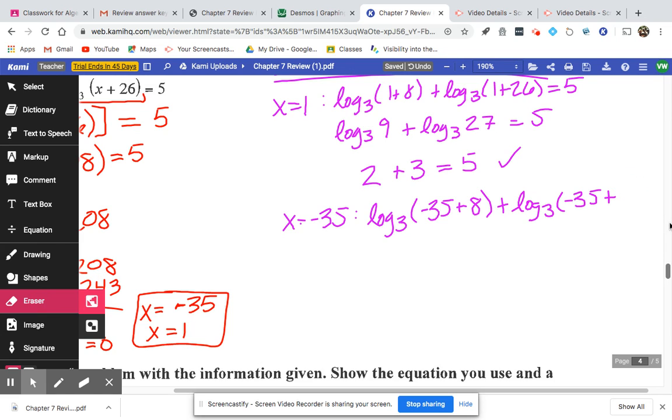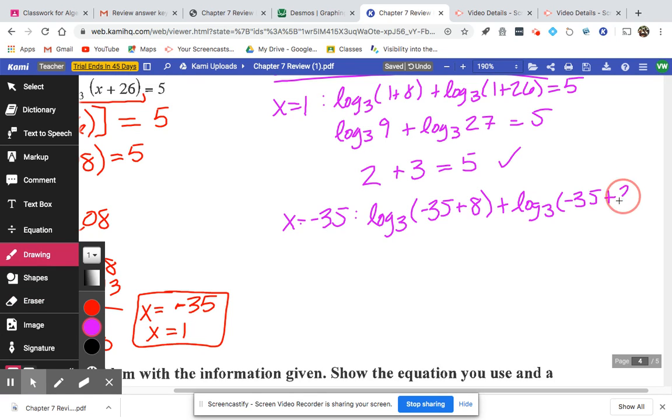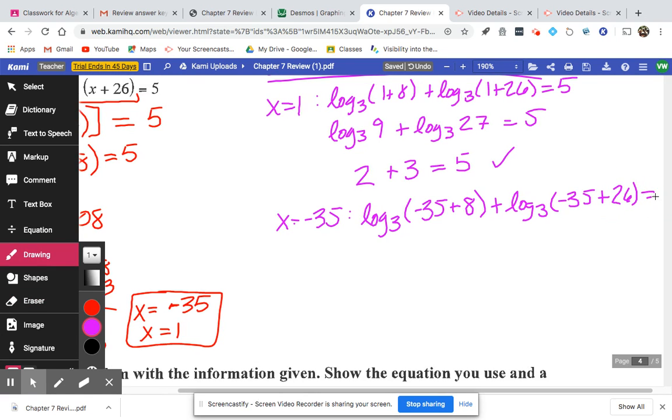It's supposed to be 26. That's supposed to be equal to 5. Negative 35 plus 8 is negative 27. Negative 35 plus 26 is negative 9.